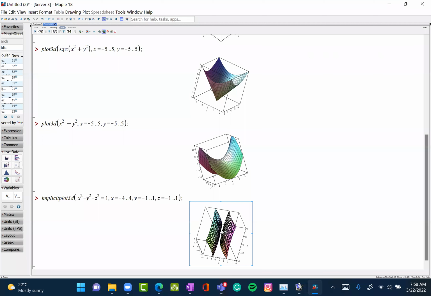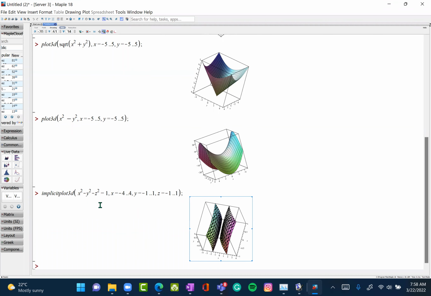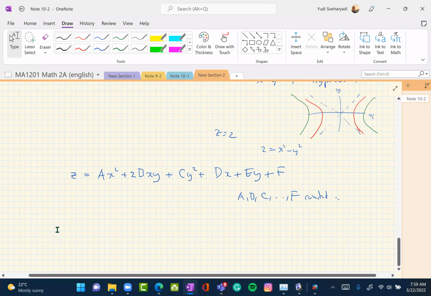Okay. Questions? Let's do this. Wolfram Alpha, well, Wolfram is Mathematica actually.